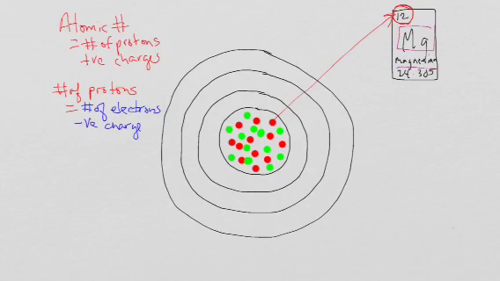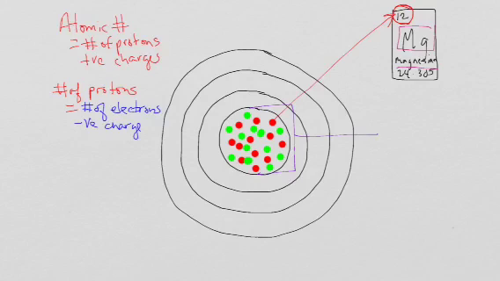Now here's the cool part. Protons and this other mysterious green particle, well, I drew it green, live in the centermost part of the atom, and that is known as the nucleus.